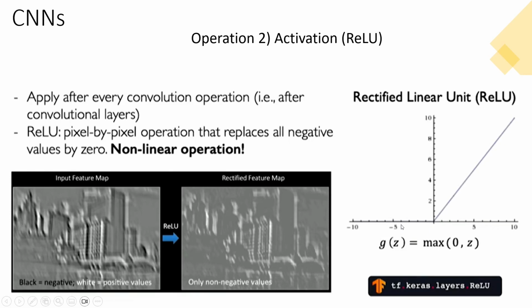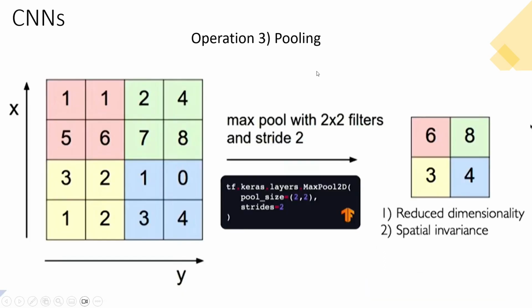So if you have a negative value, for example -5, and you apply ReLU, the rectified linear unit, you map it to 0. Anything smaller than 0 becomes 0. Anything larger than 0 keeps the same value with ReLU. So you apply the convolution, you apply the activation.